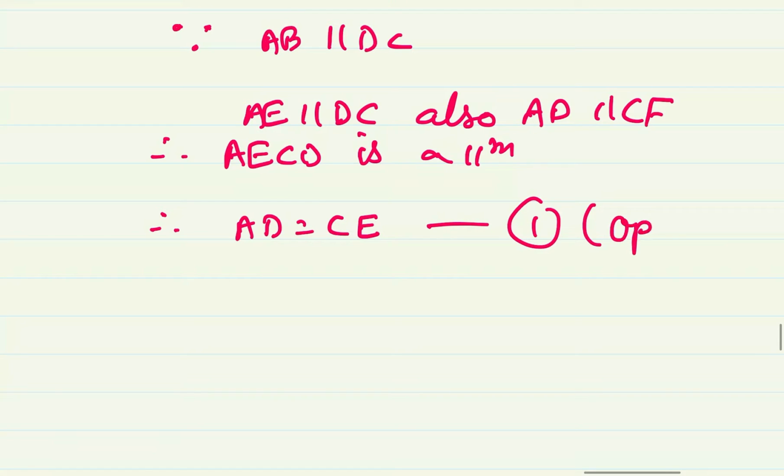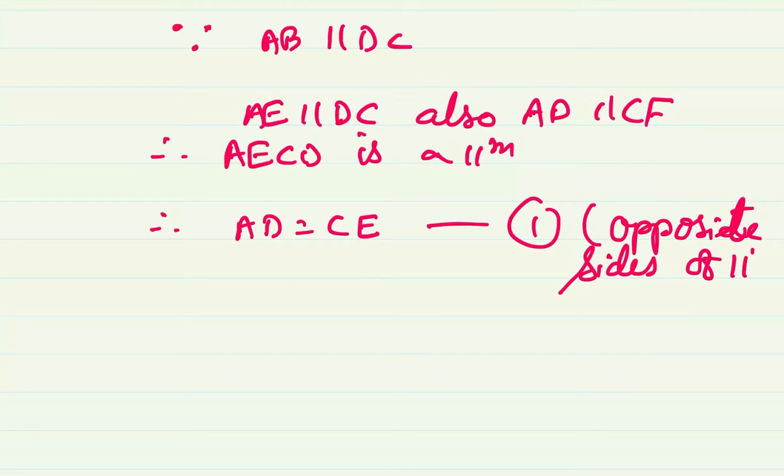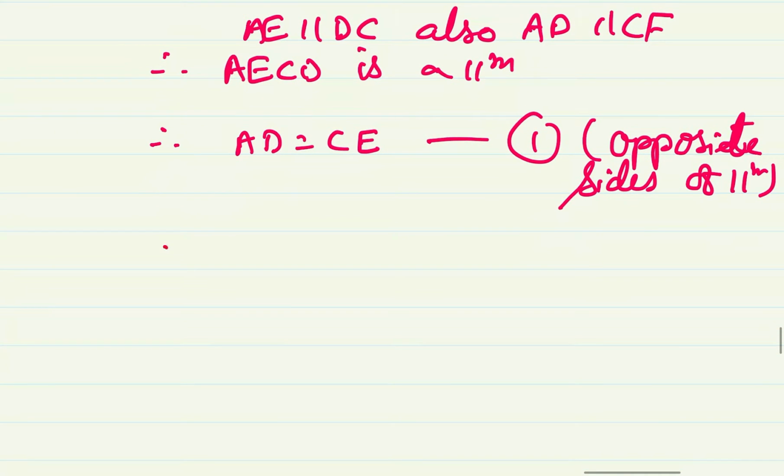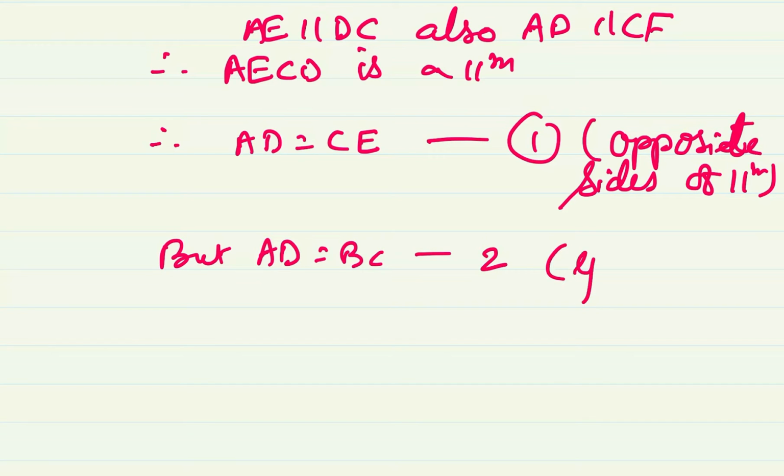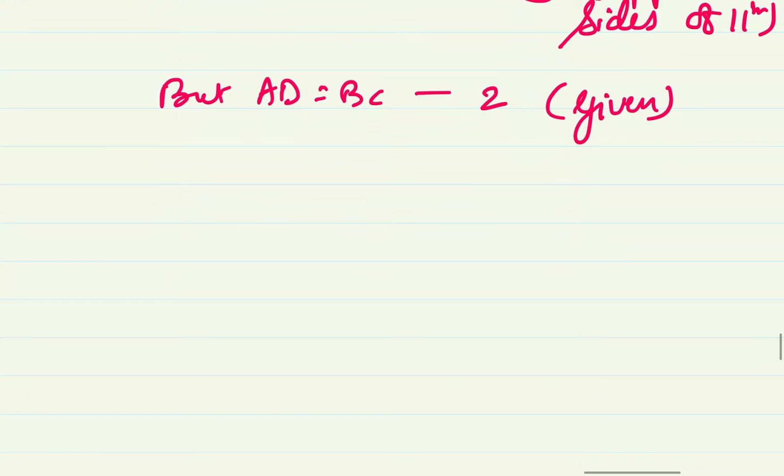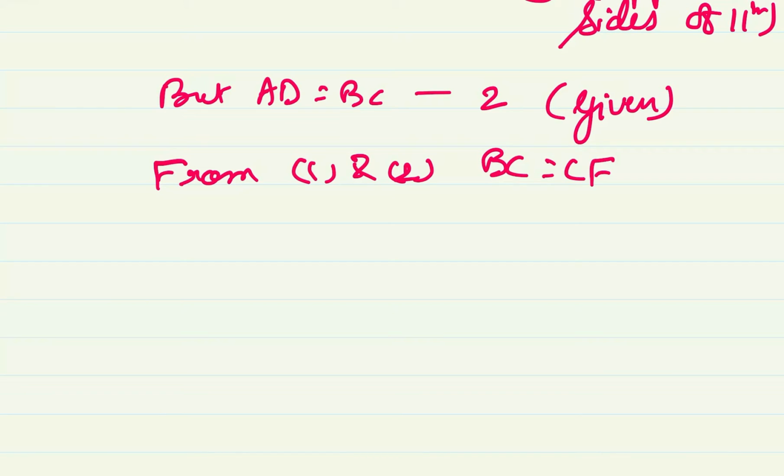They are opposite sides of parallelogram. But AD is equal to BC, that is number 2, which is given to us. From 1 and 2, BC is equal to CF.